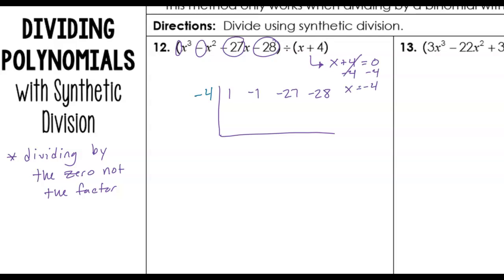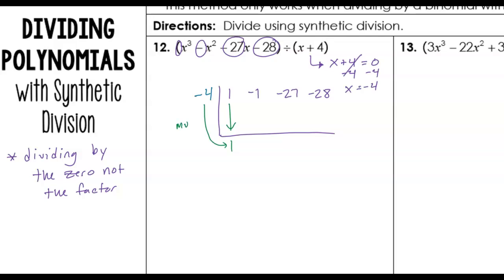Your first step when dividing by synthetic is to bring down this first term, 1. Just bring it right down. Then we're multiplying. We're going to multiply what we're dividing by, -4, by what we just brought down, 1. So -4 times 1.